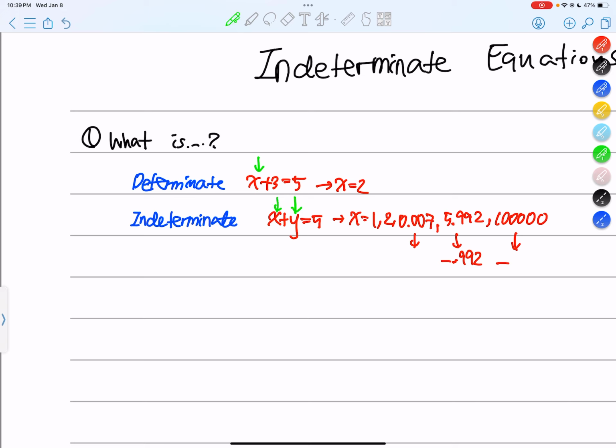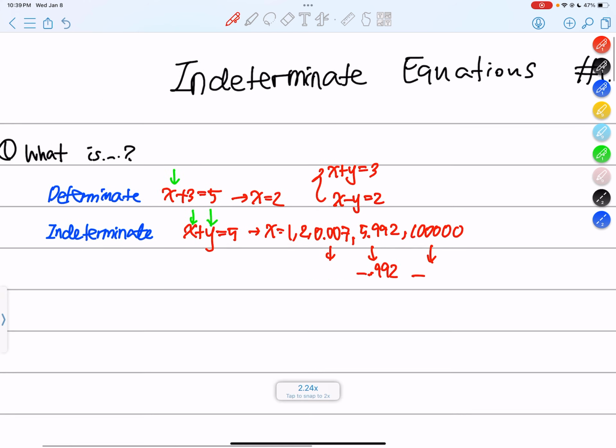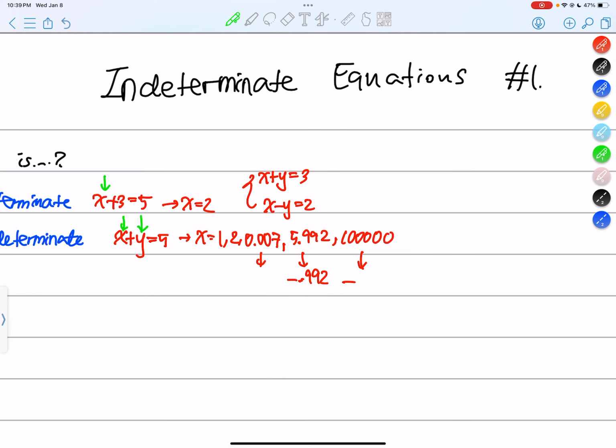Because, for example, if we had another equation given with this, if we were given, for example, x plus y equals 3, and then x minus y equals 2, then we would be able to figure this out because we are given two relationships, and then you can, for example, add these two, and then you would get 2x equals 5, and then you can subtract these two, and then you'd get, for example, let's say negative 2x, 2y equals 1.